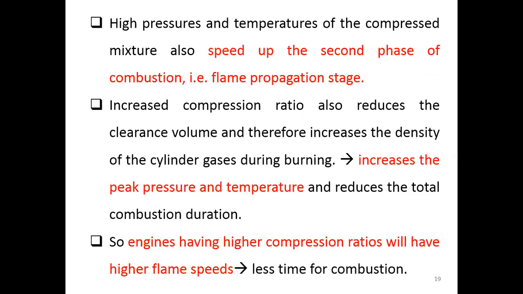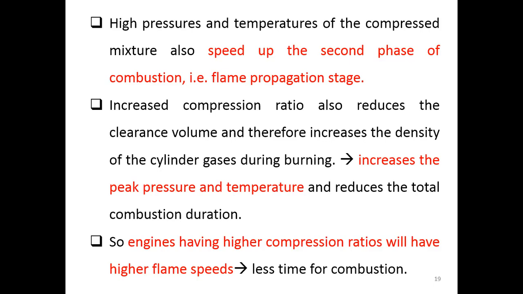The high pressure and high temperature of the compressed mixture also speed up the second phase of combustion, the flame propagation stage, as already mentioned. Another advantage of the increased compression ratio is that we can reduce the clearance volume.